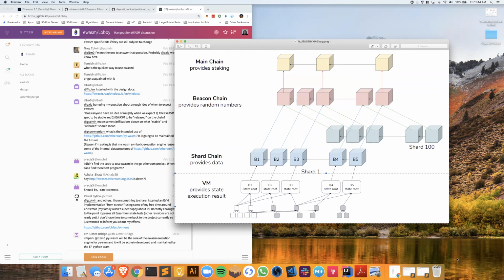I can explain a little bit about the history of how eWASM came about. That would be awesome. It's over 2 years ago now. It really started as a research thing by Martin Bexer, and the rationale really was that at the time the EVM was designed, there was no good existing alternative.